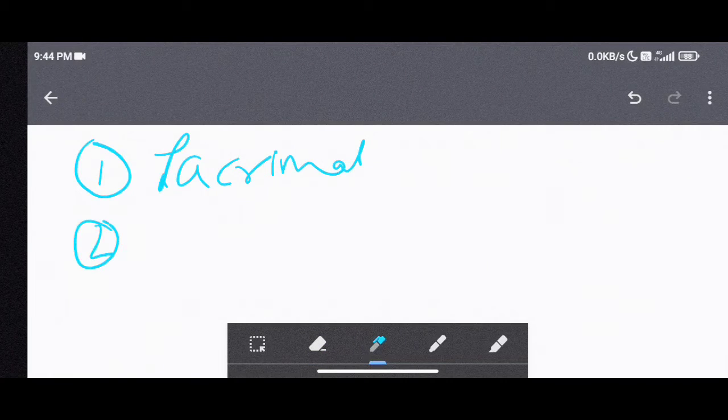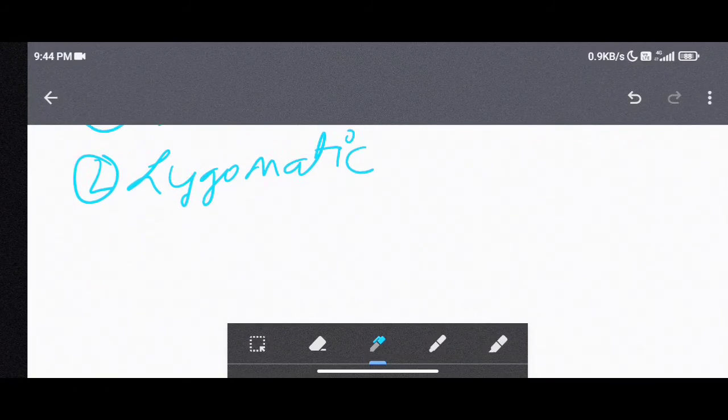Number 2 is the zygomatic. You only have to remember the names, no need to remember where each is located.